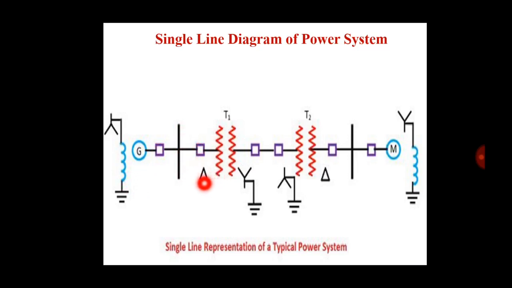Transformer 1 is delta, star, and neutral earthing. Here is also a circuit breaker. Transformer 2 is connected star delta, and the star is neutral earthed. And here is the bus and circuit breaker, and as a load a motor is connected, and the motor winding is in star with reactance to earthing.